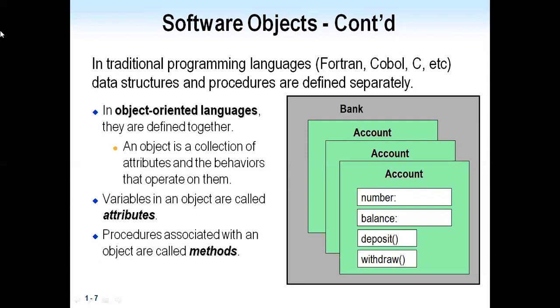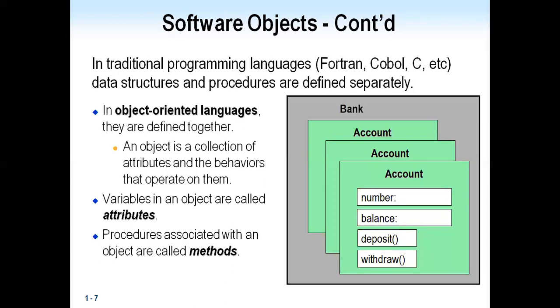For example, an account is one object. The account has some attributes, that is, variables: number and balance. The account also performs some operations, such as withdrawing and depositing, and they are represented by methods. So in software objects, every attribute is represented by a variable, using integer or floating point based on the attribute.